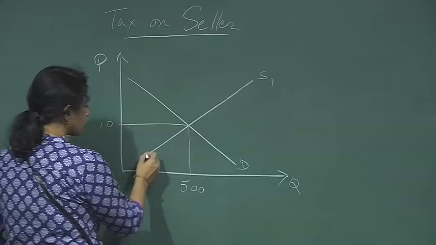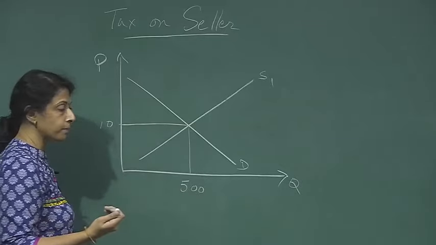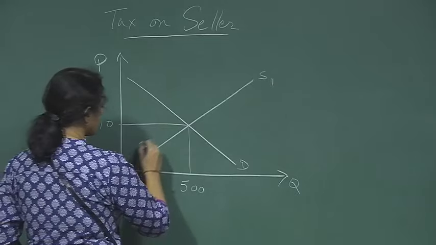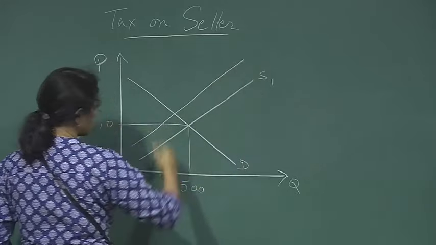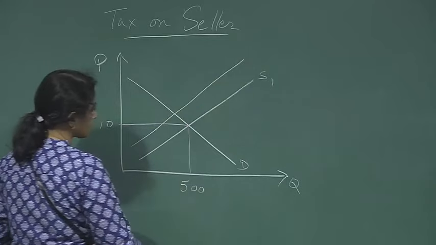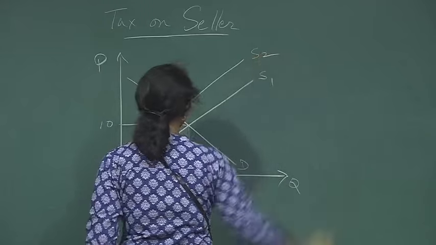So every unit is costlier to produce for him by 1.5, and hence the supply curve shifts to the left or upwards. This is S2.